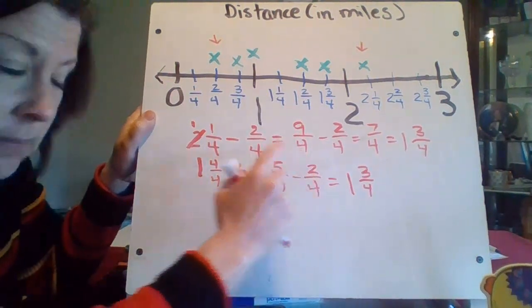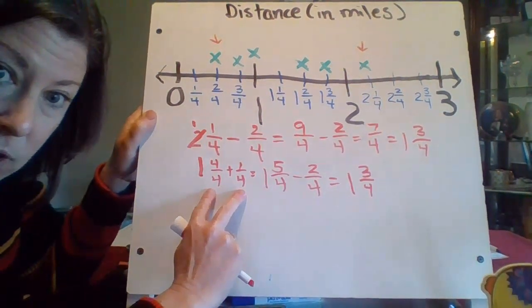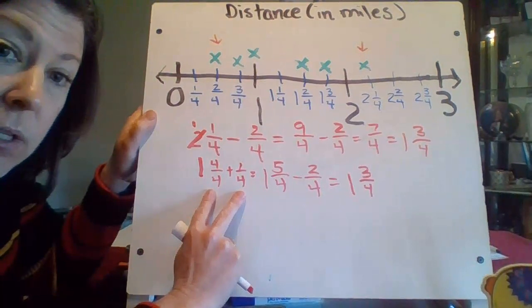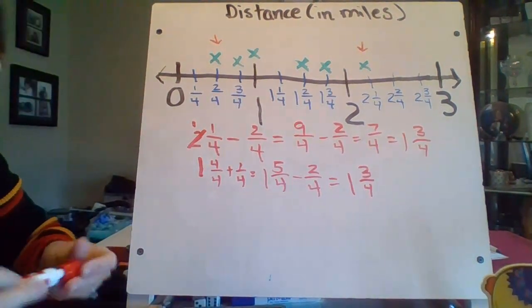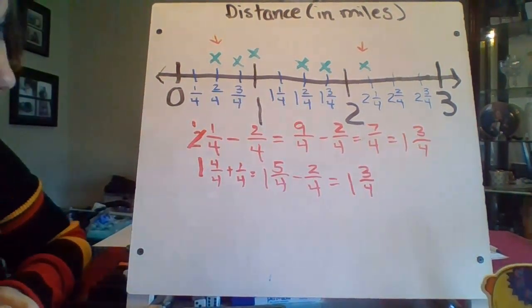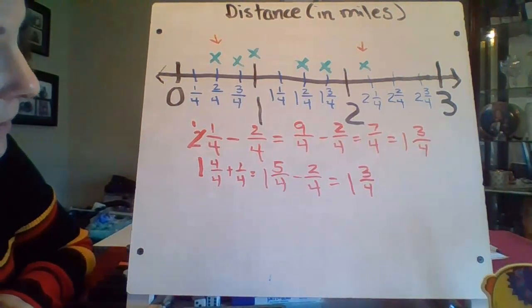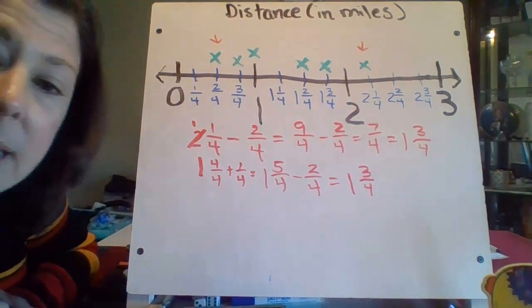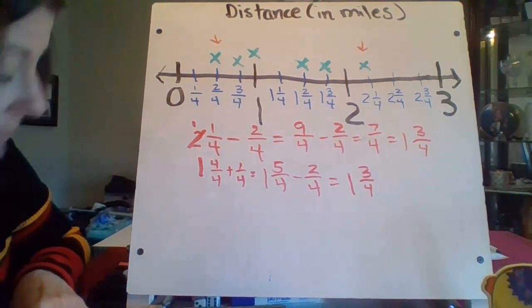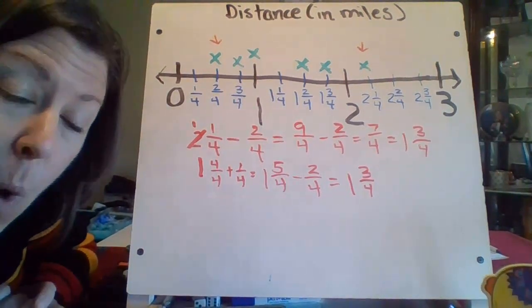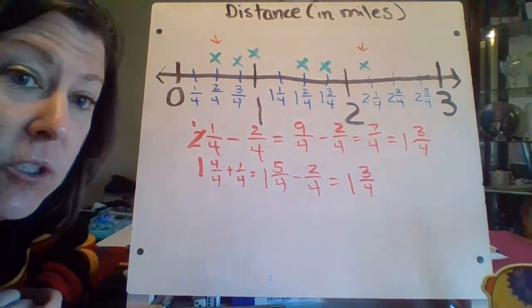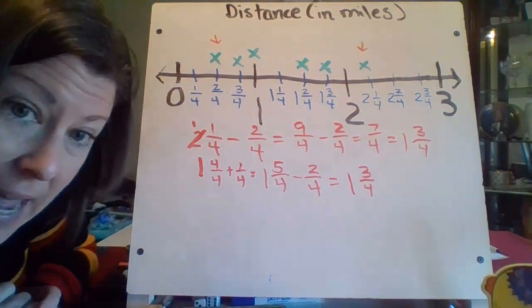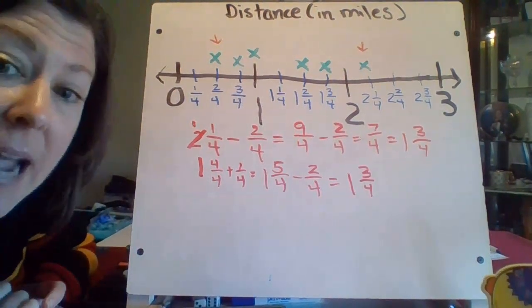One strategy, another strategy. Okay, two different strategies. So person E ran 1 3/4 miles more than person A.